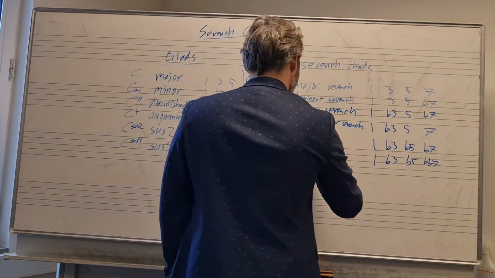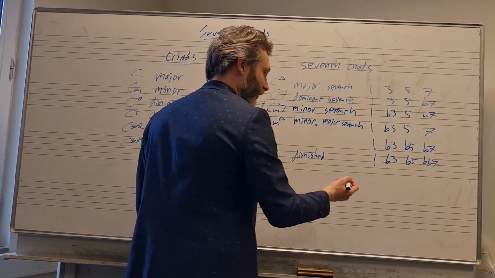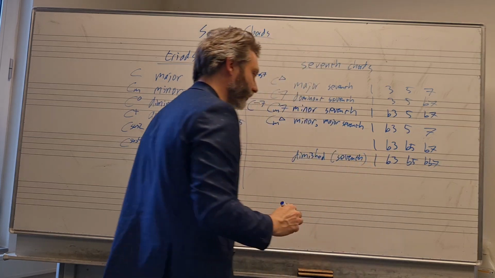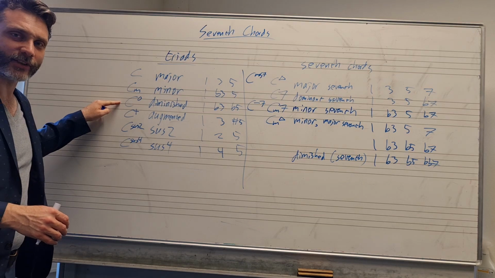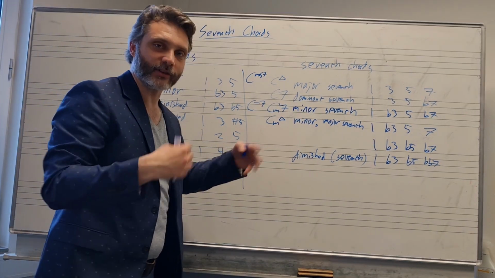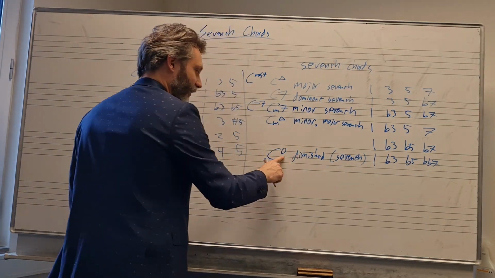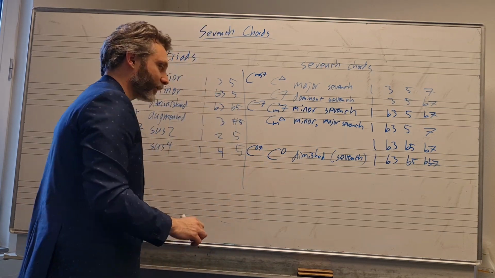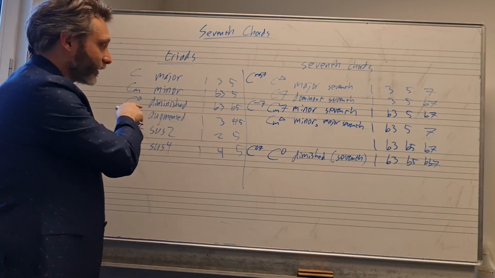It's called a diminished, or sometimes a diminished seventh chord, in order to differentiate it from the diminished triad. Although the diminished triad doesn't get played quite as much, it's pretty rare, the diminished seventh gets a lot more play, so commonly we would just write it as this. But sometimes you see people write it with a 7 after the diminished symbol, just to make sure you know it's a seventh chord and not a triad.